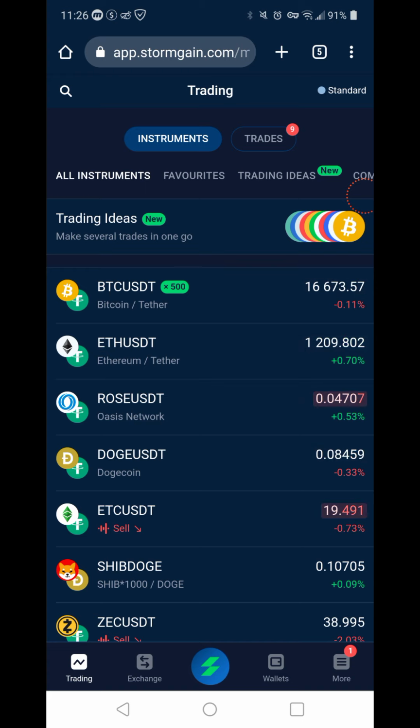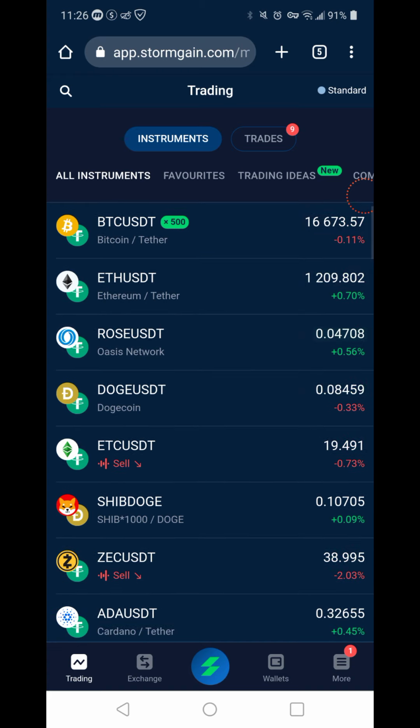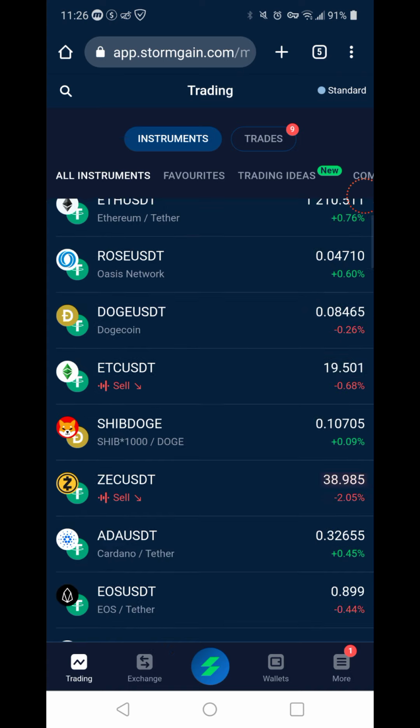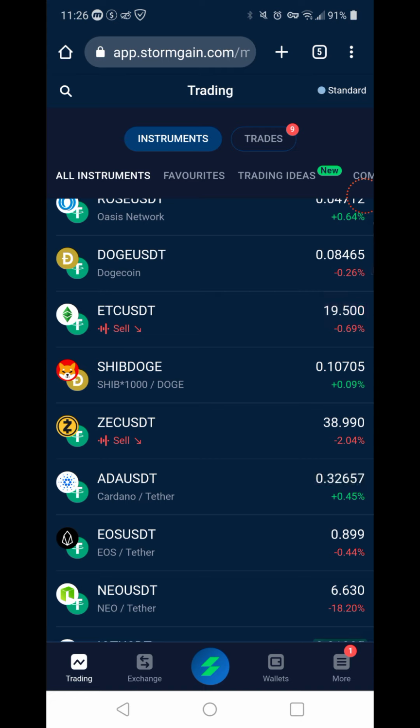You shouldn't have to use your VPN again to log back in. So, Stormgain has been in my portfolio for quite some time now. I literally found it by accident. Didn't even think it was legitimate at first, and then randomly when Bitcoin was going up like crazy, I had bought, not even a lot of it, maybe like $50. And then one day it was like, hey, your Bitcoin wallet is up to $600.